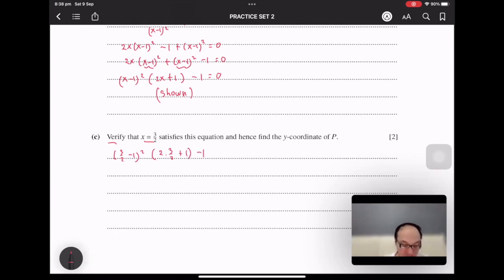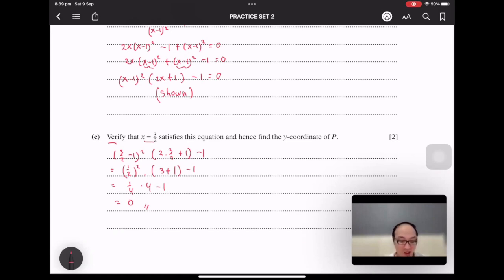So this equals (1/2)^2 (3 + 1) - 1. So 1/4 times 4 - 1 equals 0. Yes, correct.